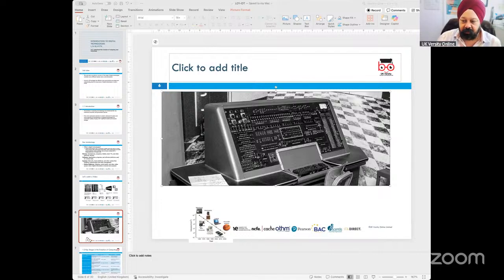And this computer was invented way back in the 1950s, or maybe even earlier. I don't know about the exact timeline, but this particular machine came about in the early 50s, and this was the term called ENIAC.